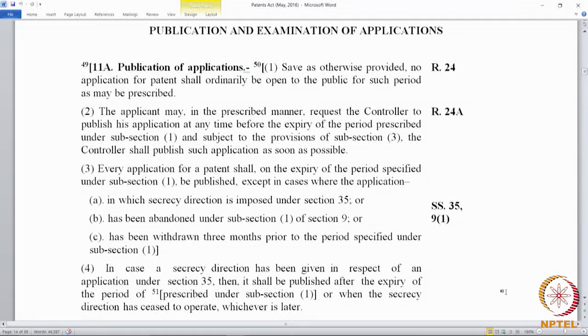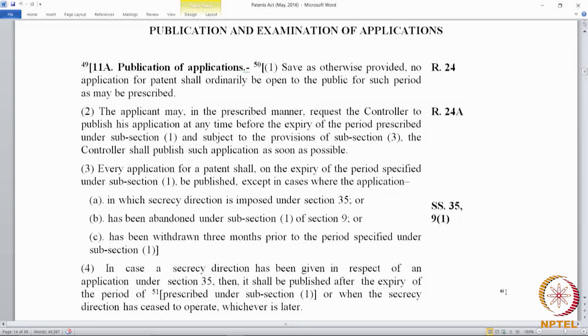After a month, if the same applicant takes an application, say in Sri Lanka or in Bangladesh or in a neighboring country, then the fact that his own application which he filed in India was disclosed and published could be used for questioning the novelty in the application that he filed in a foreign country.